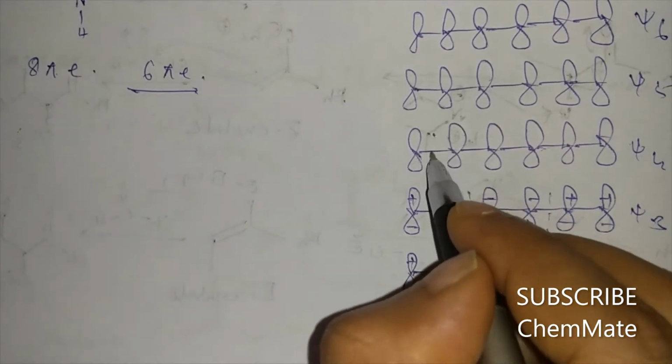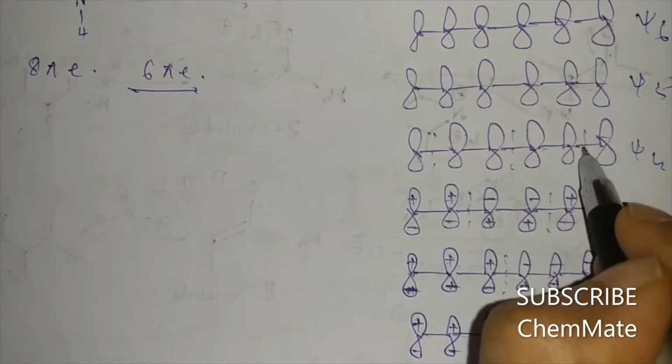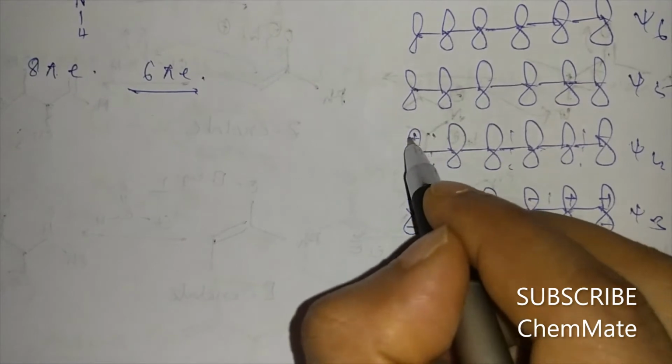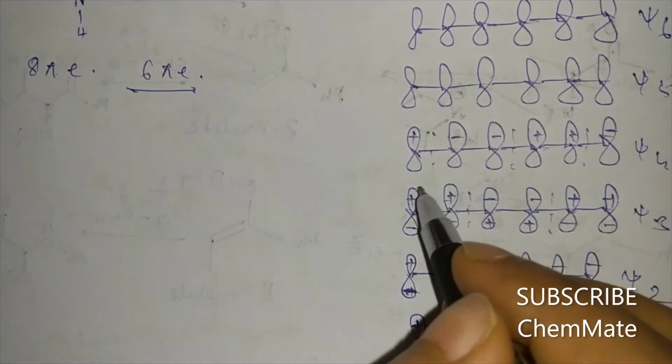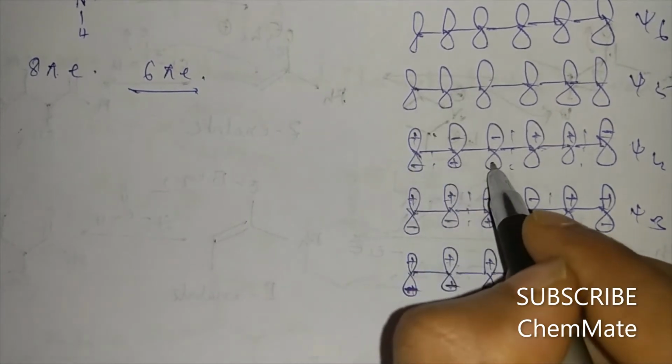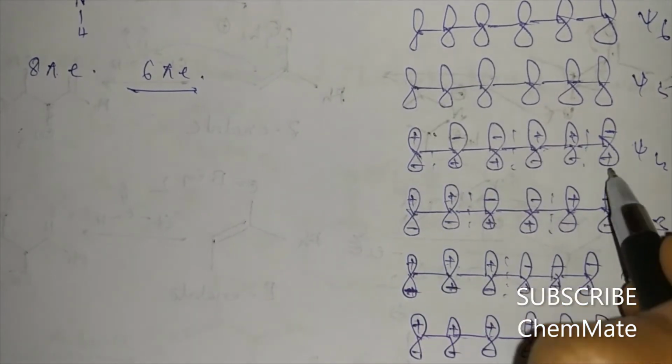Psi 4 will have three nodal planes, so plus minus minus plus plus minus, then minus plus plus minus minus plus.